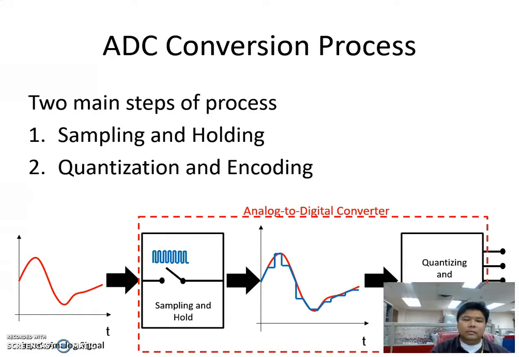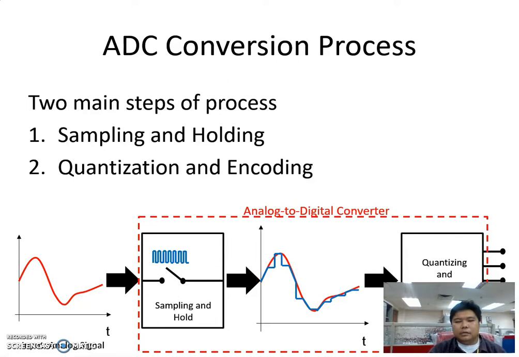For an analog signal, sample and hold means we take a sample of the analog signal during the time of conversion and hold that signal for a certain amount of time to change it to a digital signal.